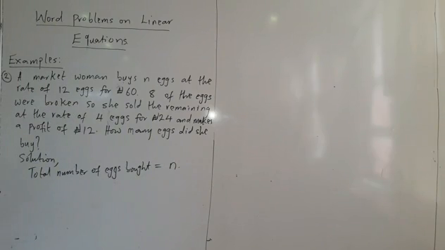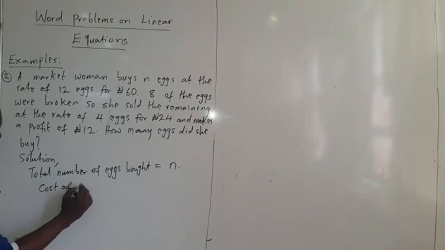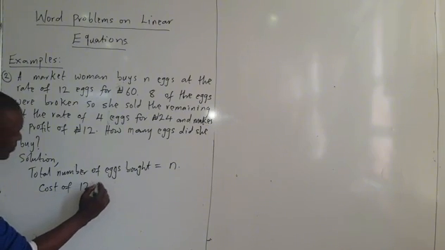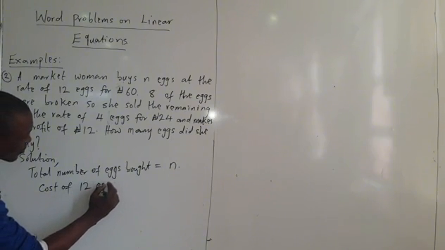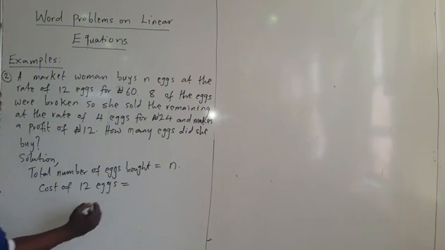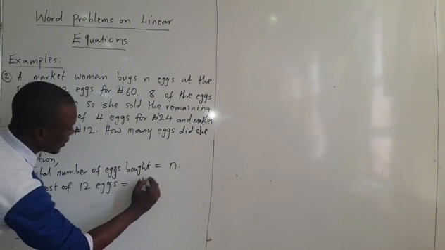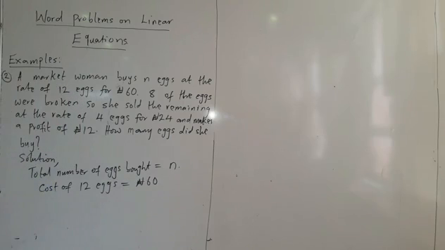Then at the rate of 12 eggs for 16 naira, the cost of 12 eggs equals 60 naira.